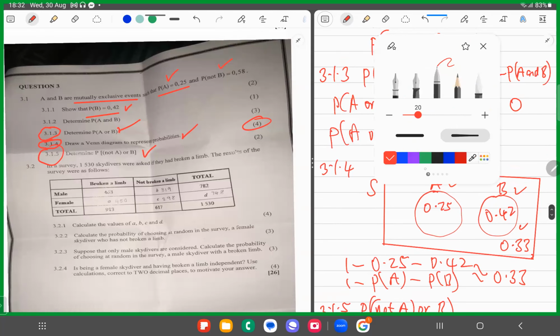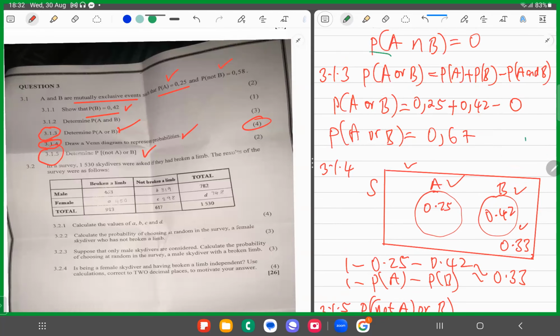I'm going to encircle this one in green. So the probability of A or B is the probability of A plus the probability of B minus the probability of A and B.